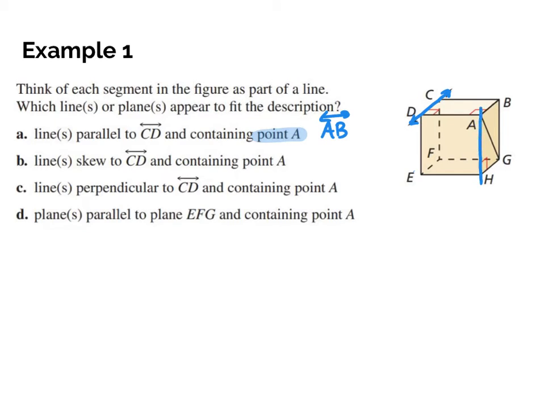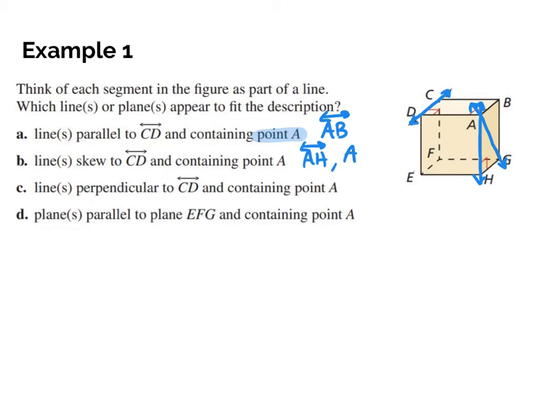A to H, which goes up and down, that would be skew. And the reason why A to H would be skew is because it does not lie in the same plane as C to D. C to D, again, is on the left or top part, and this is going to be on the front or right side, completely different planes. Same thing is true for A to G. So A to G would be the line that goes through here.